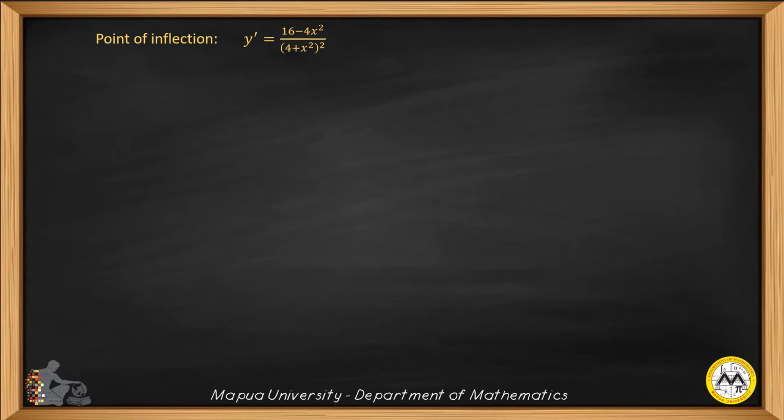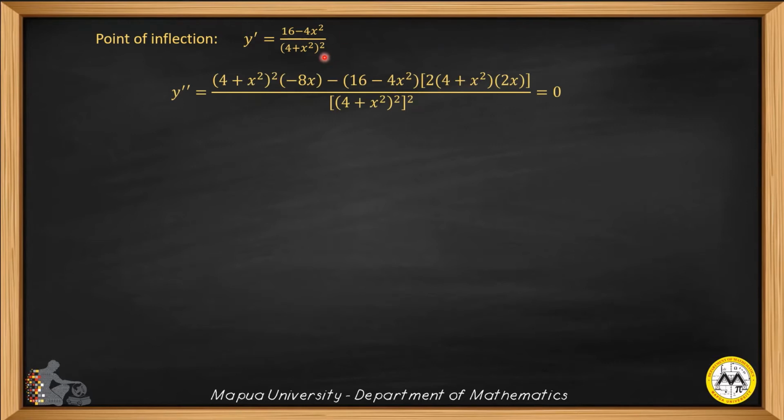Okay, next is to investigate where the points of inflection would be positioned given that y prime is equal to this ratio. Working on y double prime using the quotient rule for differentiation, it will now lead us to this expression here, and if equated to 0 would give us the numerator equal to 0.